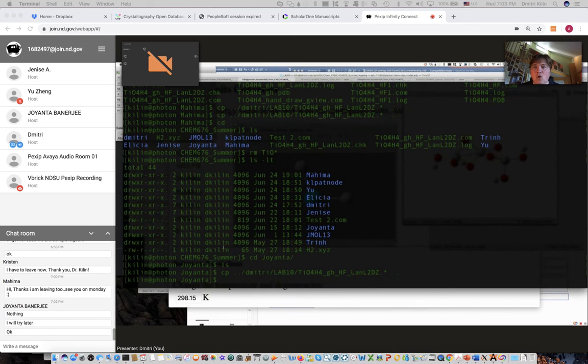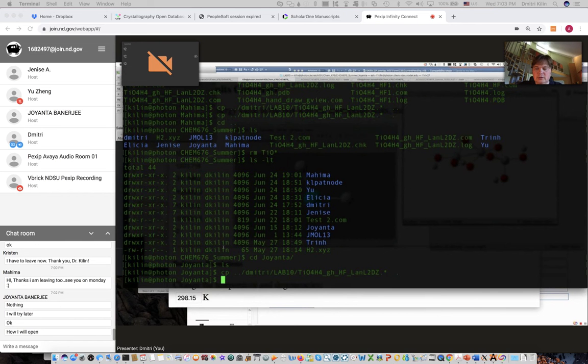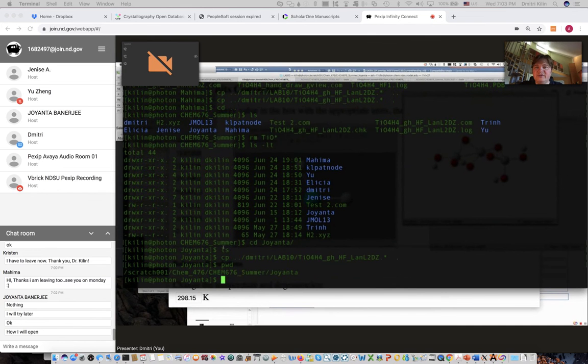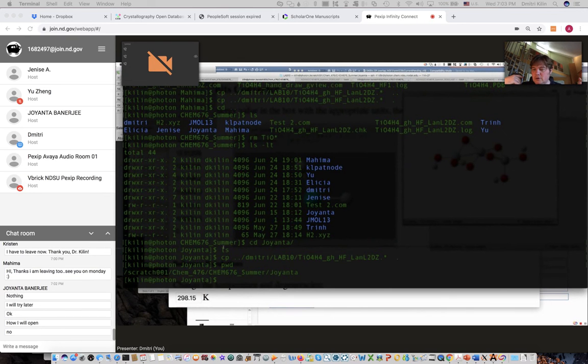Can you open the files in your directory? Make sure that you can look. Type more and the name of the file. Are you logged into the Photon? You need to open MobaXterm and from there log into the Photon cluster.